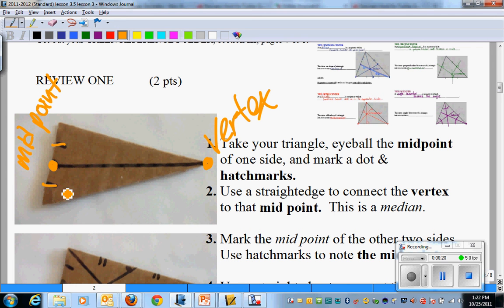Go over those hatch marks. Connect vertex to midpoint. Vertex to midpoint. Say those 2 words out loud. Vertex to midpoint. One more time, out loud. Vertex to midpoint. That is a median.